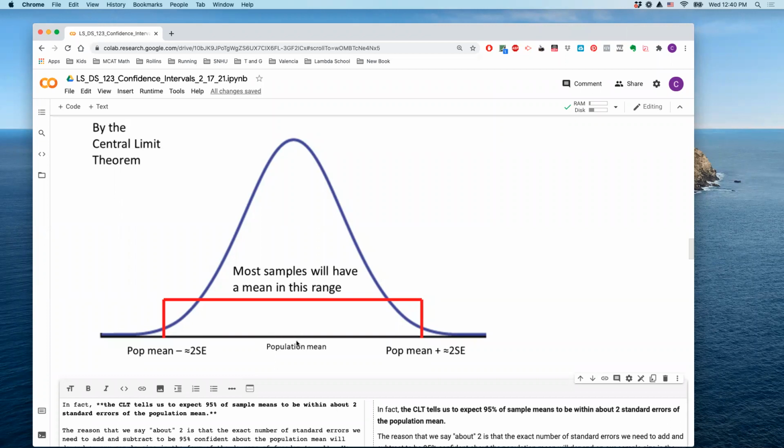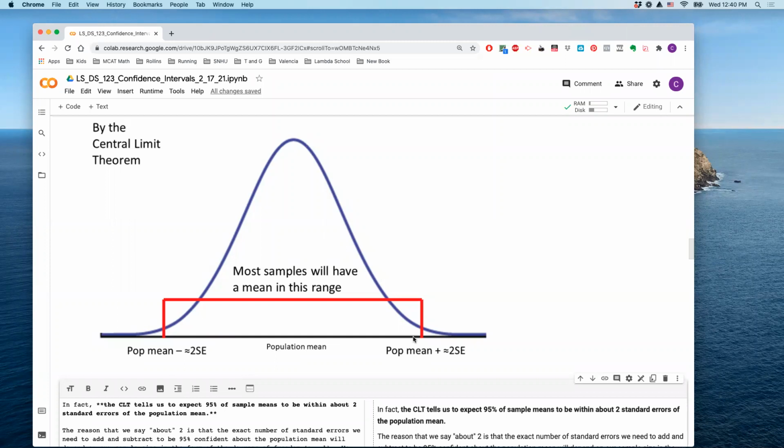Well, I could get a sample mean that's really close to the population mean. And if I add and subtract 2 standard errors from that, then I'm going to capture the true population mean in my confidence interval. If my sample mean is like down here, then if I add and subtract 2 standard errors around my sample mean, well, that's also going to capture the population mean.